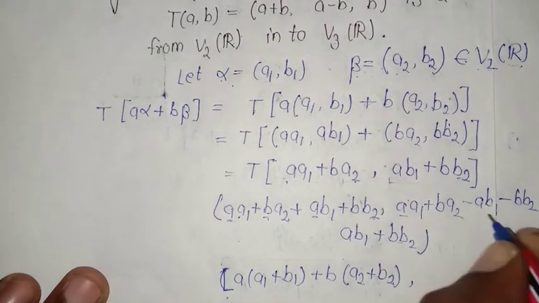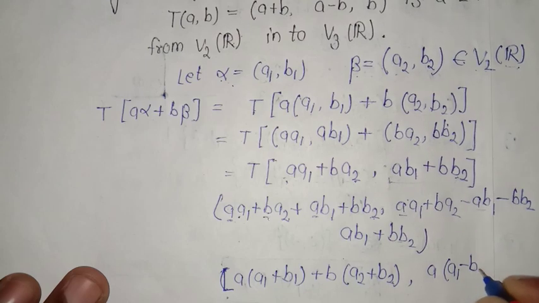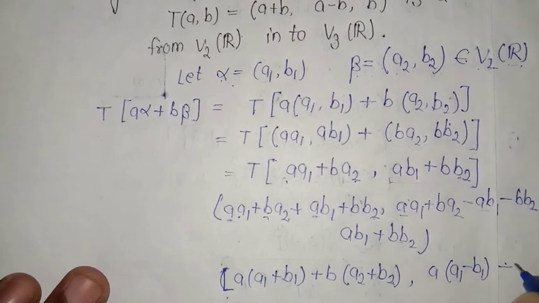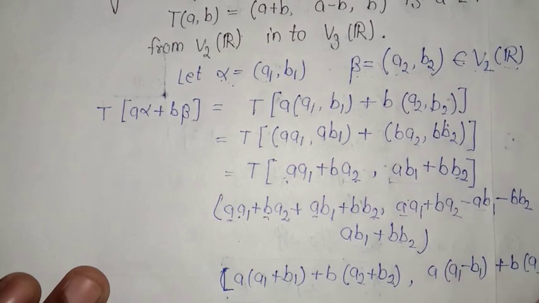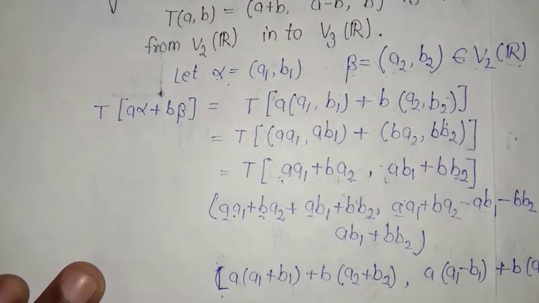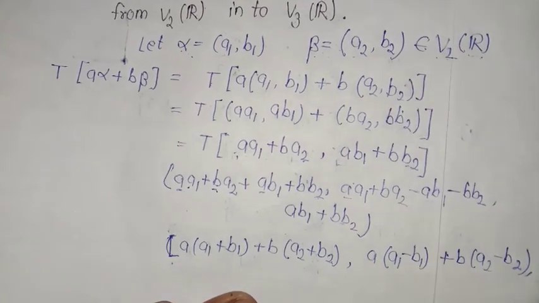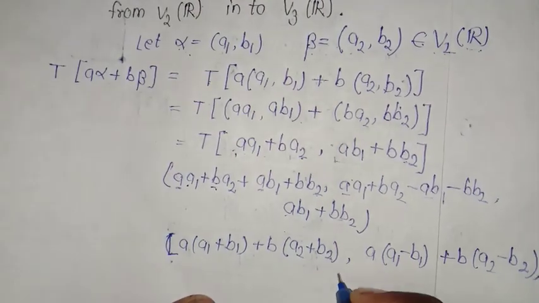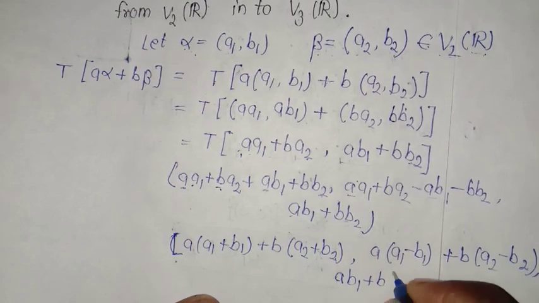Here we will take A as common, then this becomes a1 minus b1, and if we take B as common, then this becomes a2 minus b2. And the last term, a b1 plus b b2.